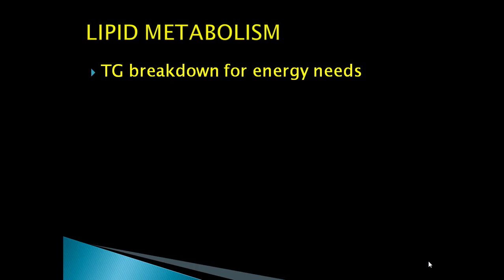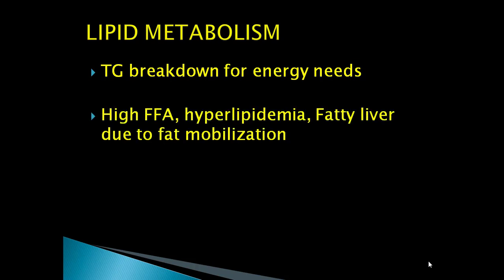So what happens under the hormonal effect? Anti-insulin hormones activate lipolysis, which leads to breakdown of fat stores and generates free fatty acids, which are delivered to the liver. So ultimately there is high free fatty acid in the blood.